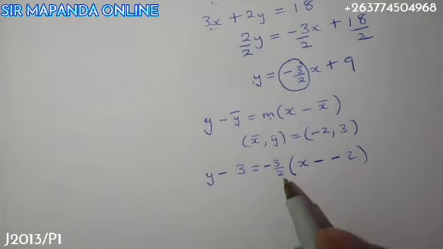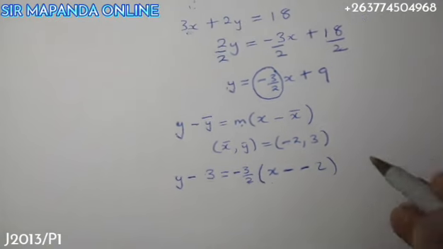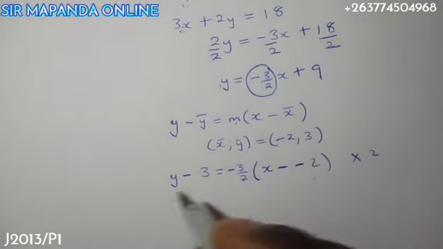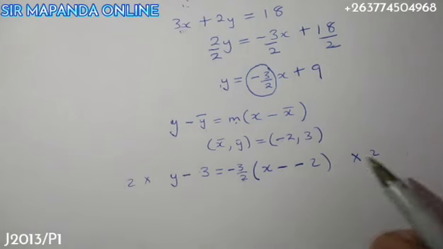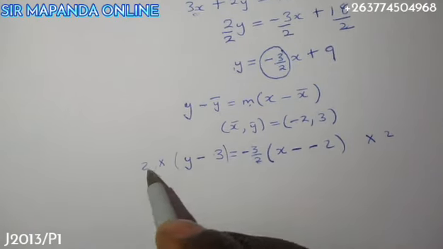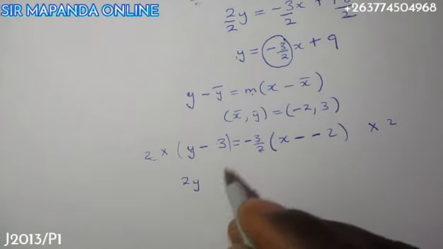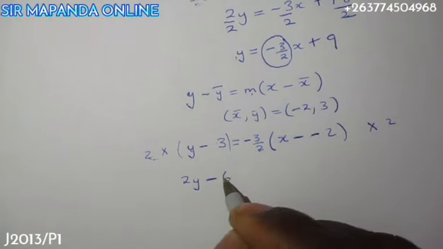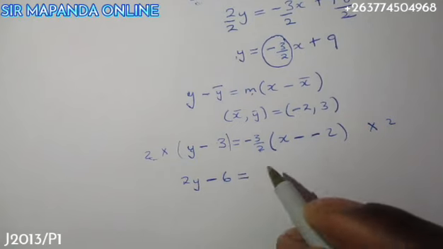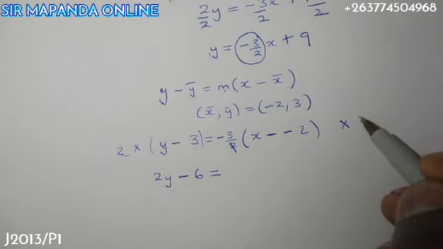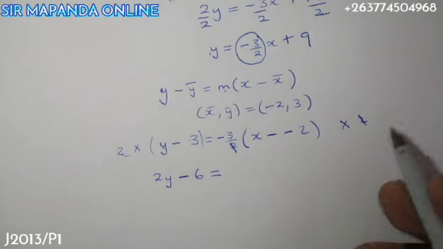Then you want to cross multiply, or multiply both sides by 2 to clear up the fractions here. So I'm going to multiply by 2 on the right, then you multiply by 2 on the left. So 2 times y, you get 2y. 2 times minus 3, you get minus 6. Then 2 and 2, they cancel each other off on the right.